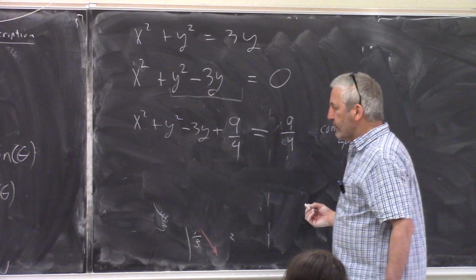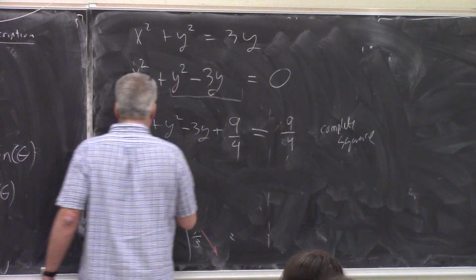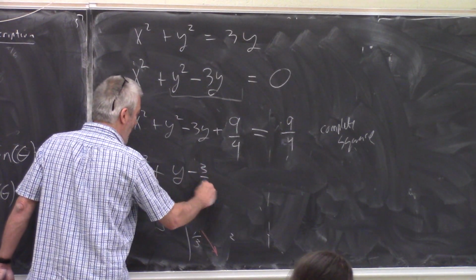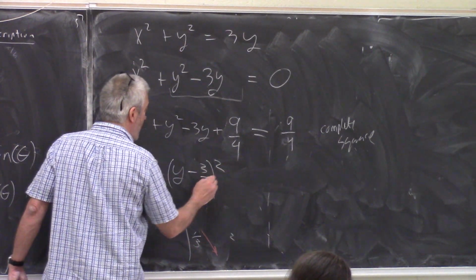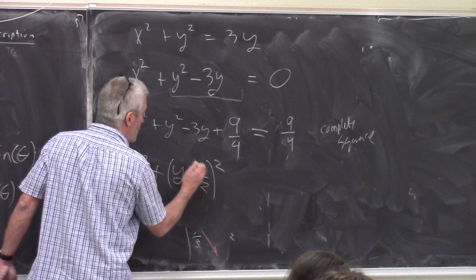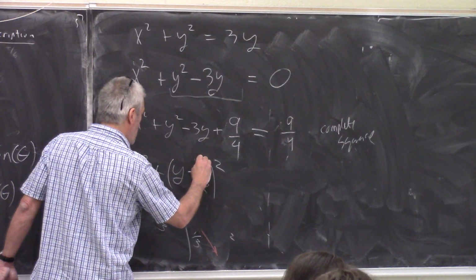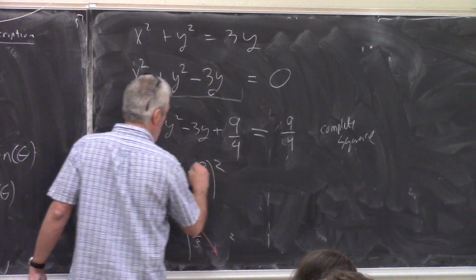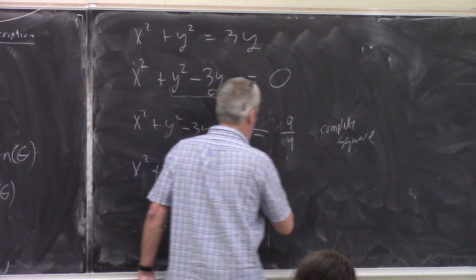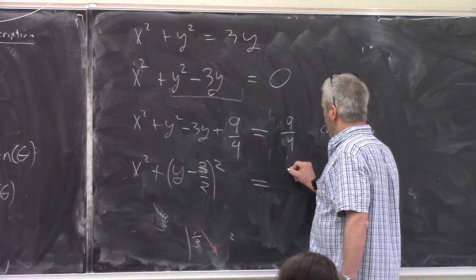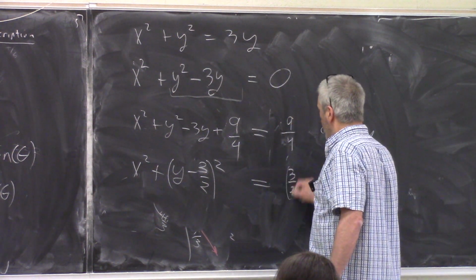So why would you do that? Well, because look, this is x squared plus y minus 3 halves, that whole quantity squared. And over here, 9/4 you can think of as 3 halves squared.